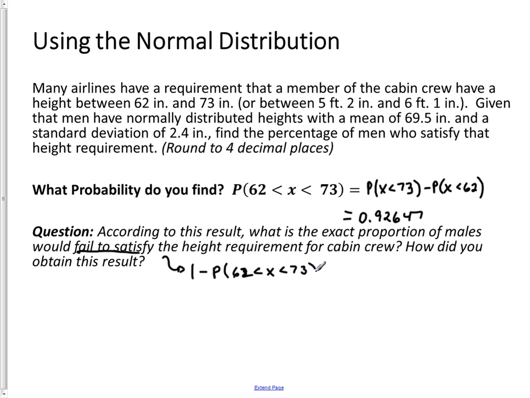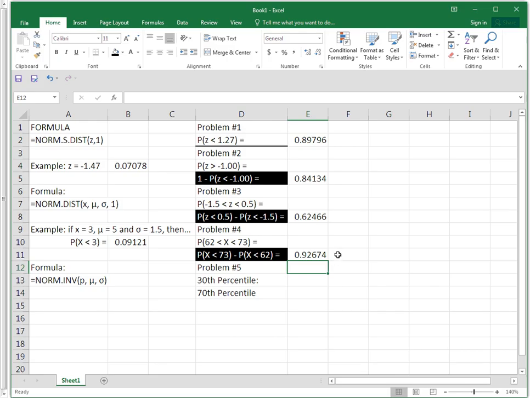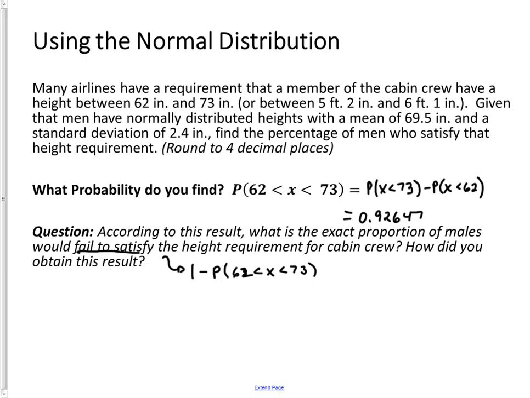If we take 1 minus that, I'm just going to go to Excel: equals 1 minus this value, 0.0732. Or we might say it a different way: 7.32% of the population might not qualify for that height requirement for our airlines.